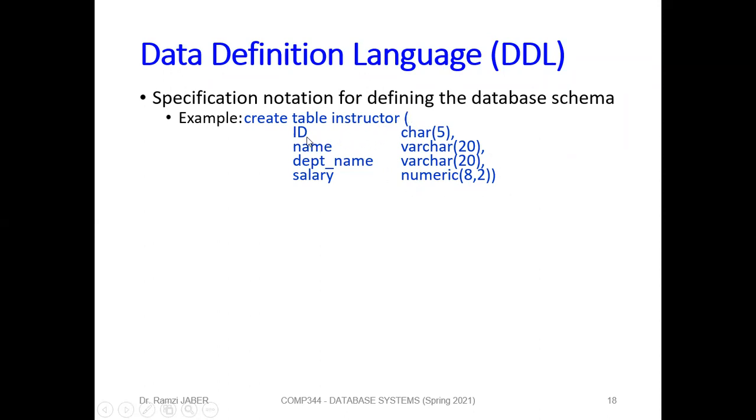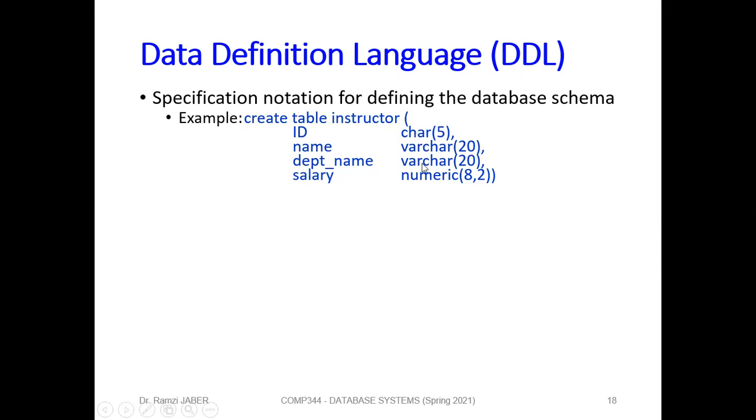The first column is called ID, and what is the type? Char, a character with five characters. Then a comma. Second field, or attribute, or column: name. What is the type? It's varchar 20, between parentheses, comma. We'll talk about char and varchar, and the difference between them.